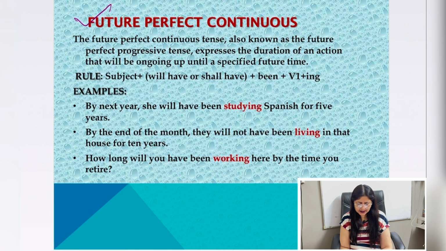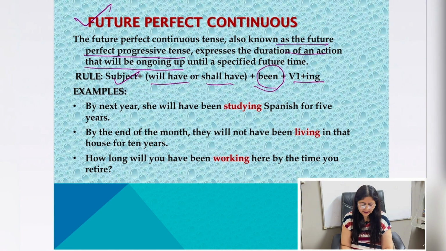Future perfect continuous tense is also known as the future perfect progressive tense. It shows the duration of an action that will be ongoing up until a specified future time. The rule will be will have, shall have, verb first form ing, and been is its own characteristic as usual. So, by next year she will have been studying Spanish for 5 years.